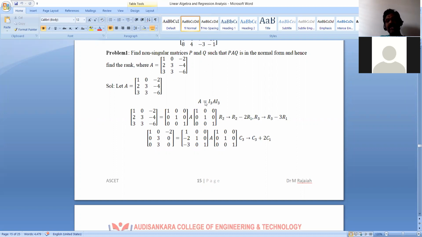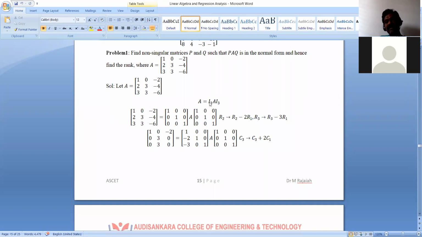After this, we want to perform row and column operations. Row operations are performed on the pre-multiplier, that is I3. Here this is called the pre-multiplier and this is called the post-multiplier.